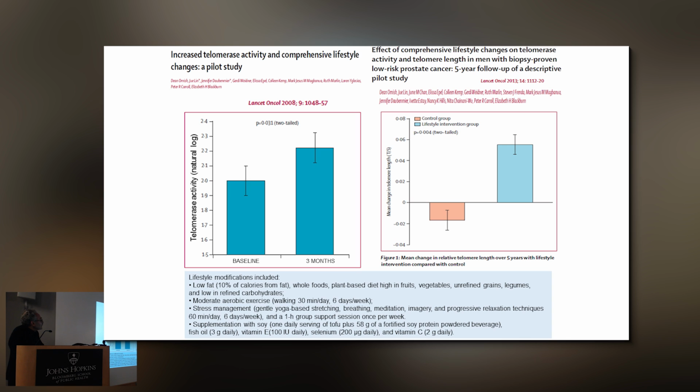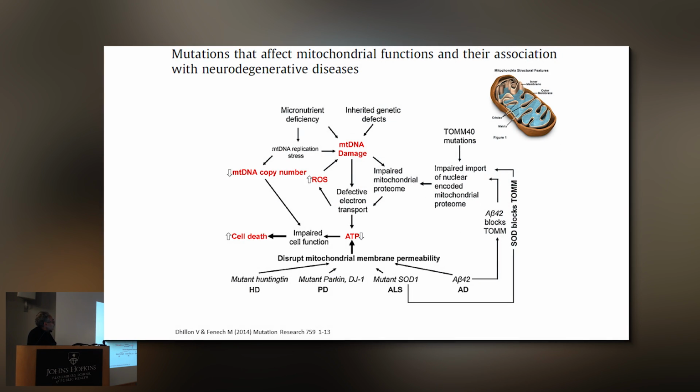And in the first paper, they observed an increase in telomerase, which they reported in the Lancet. And again, in the Lancet, some years later, they reported the effect on telomere length, which was apparently longer, but not by a great margin. It certainly was longer, but it wasn't that much longer.